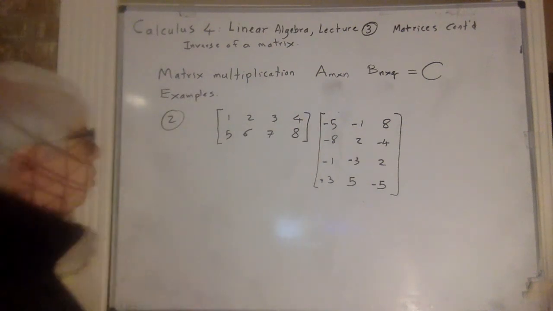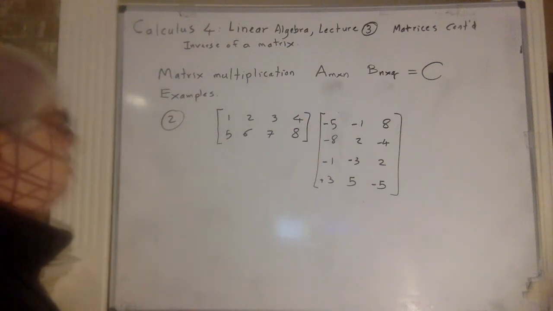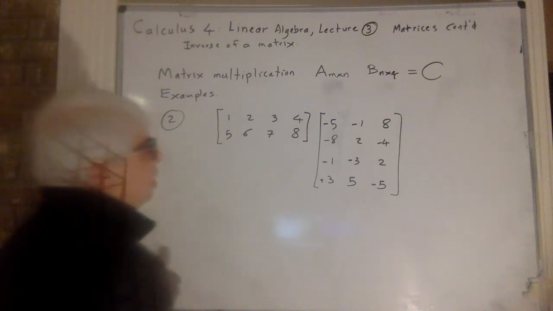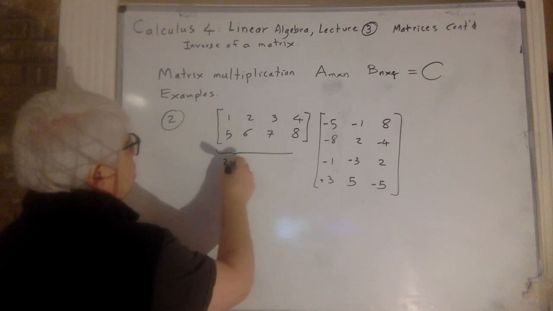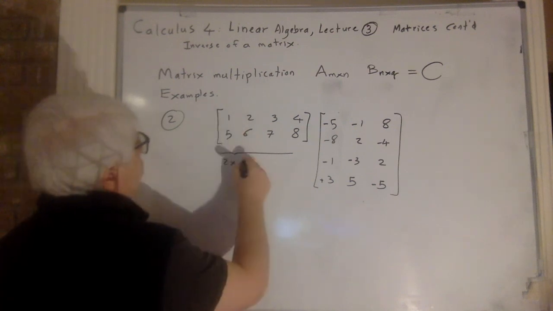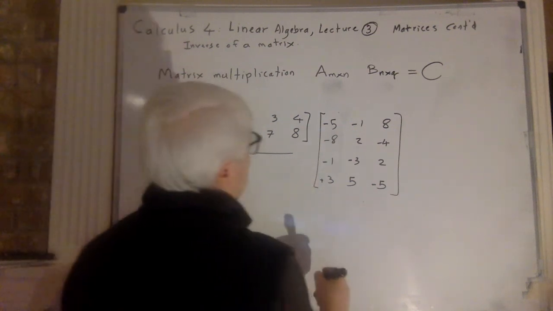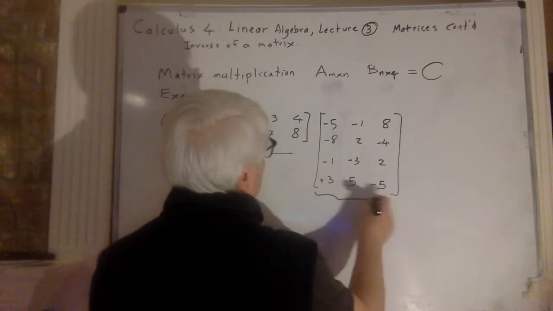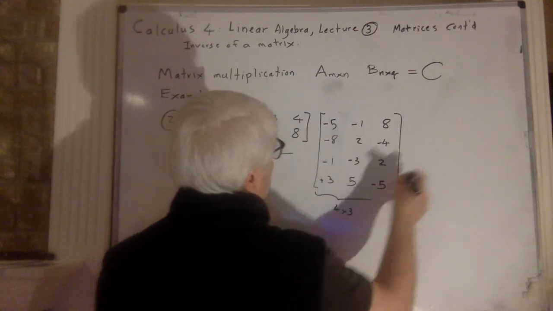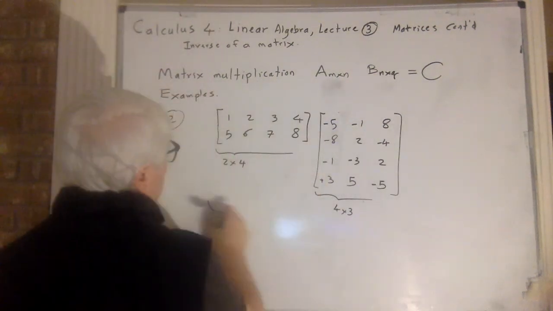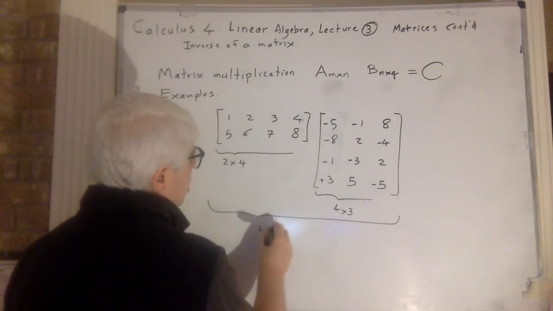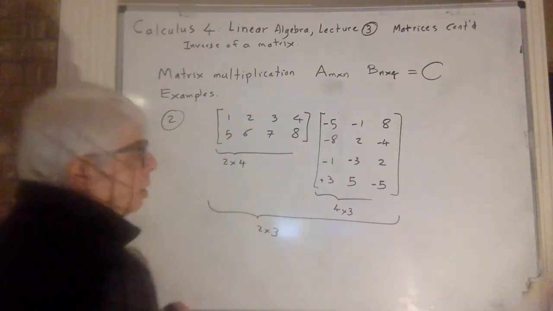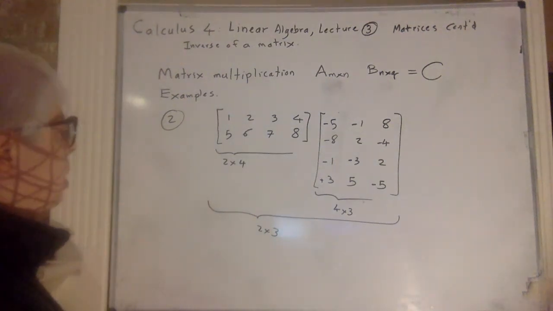So first of all, let's find the size of the end result. The size of this one is 2 by 4. The size of this one is 4 by 3. So the size of the end result will be 2 by 3. See, the 4 and the 4 just vanish.